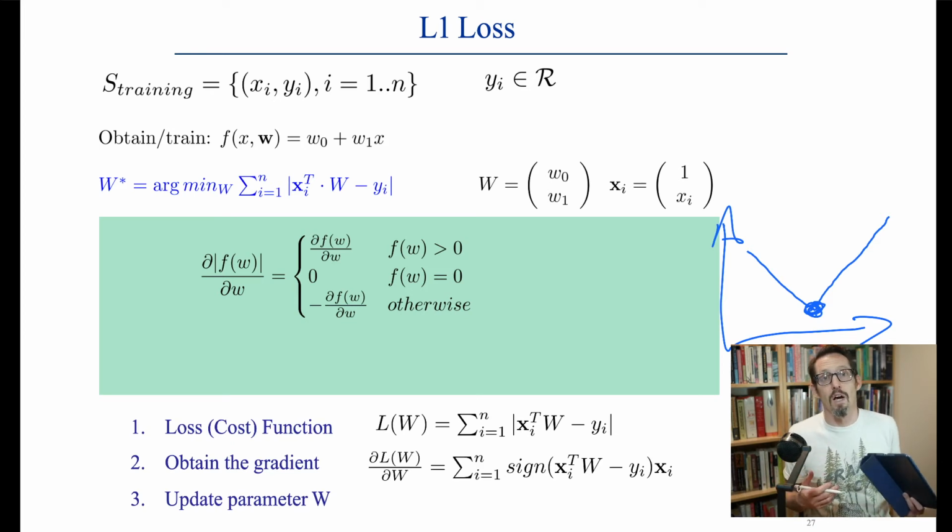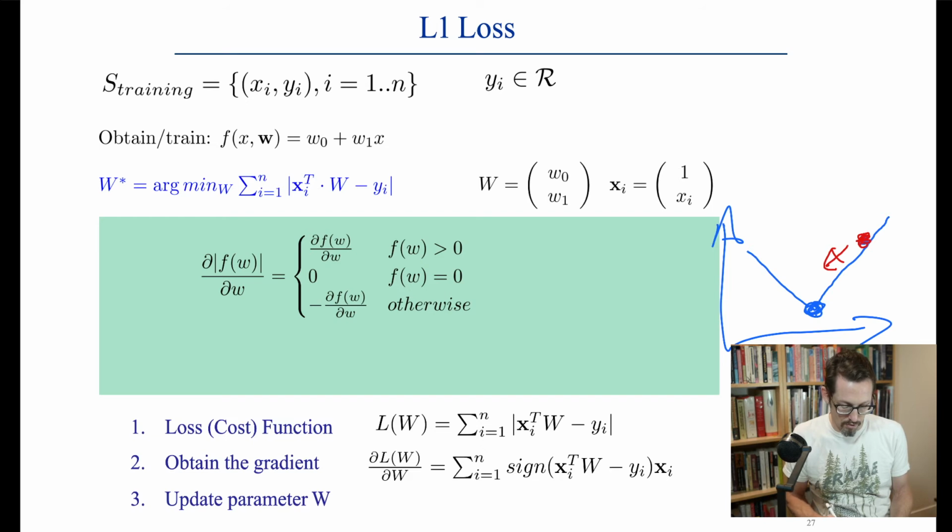So that's why it's not something that we solve in a closed form. And anytime we can't solve something in a closed form, the way that we can do it is that we can take any point that we're interested in, and figure out the direction that will take us towards a minimum. So we want to go that way.